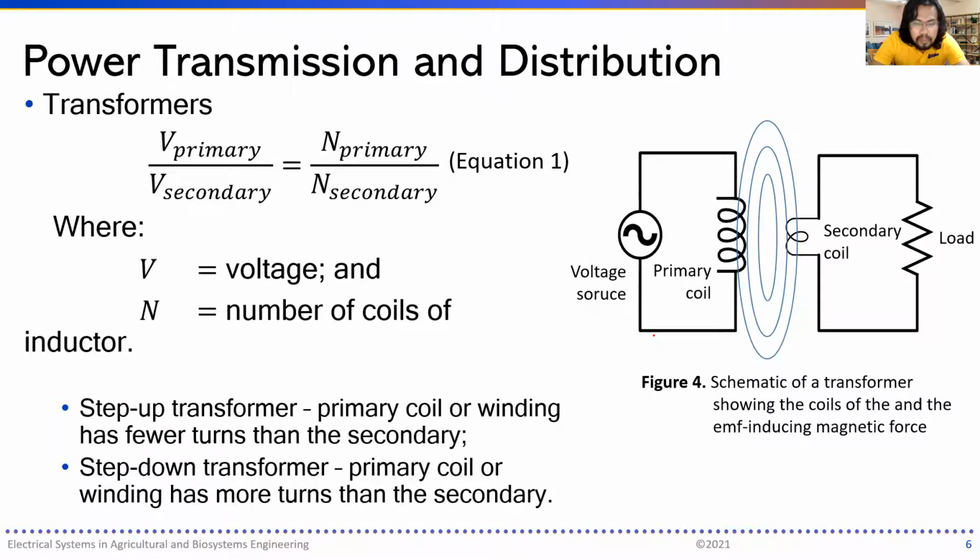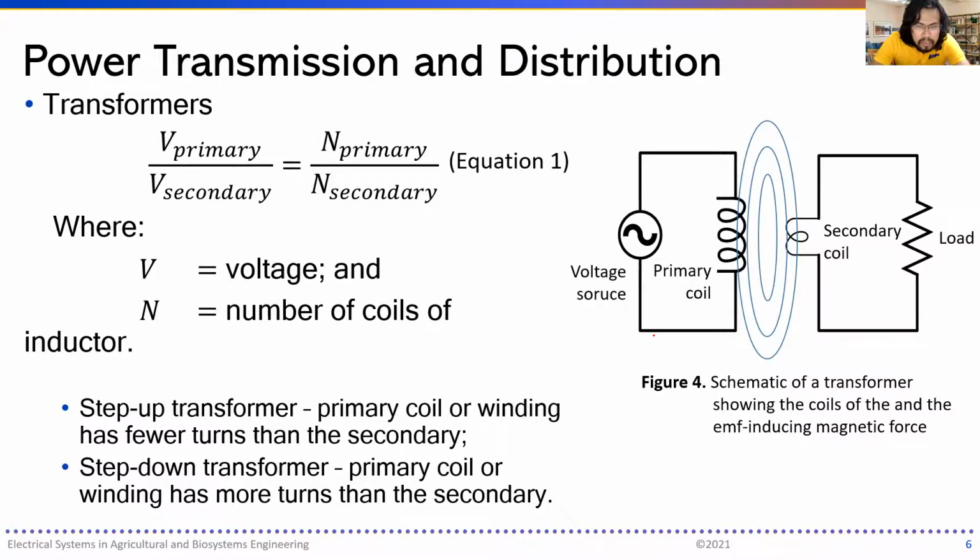Okay, V primary divided by V secondary equals N primary over N secondary. Using the equation, you can see that the number of coils is directly proportional to the voltage induced from the primary to the secondary coil.